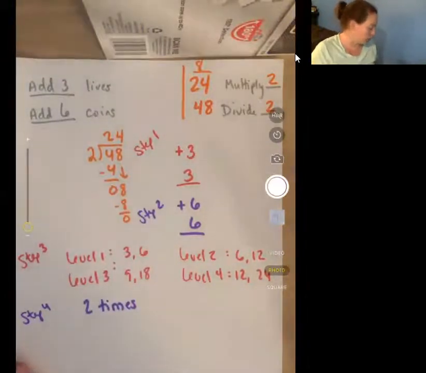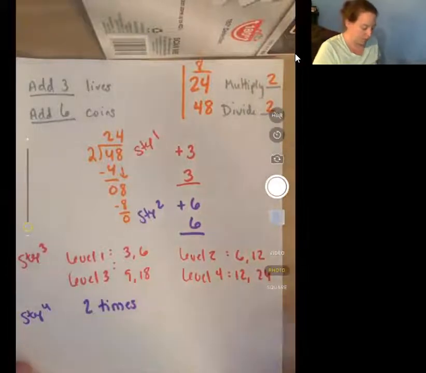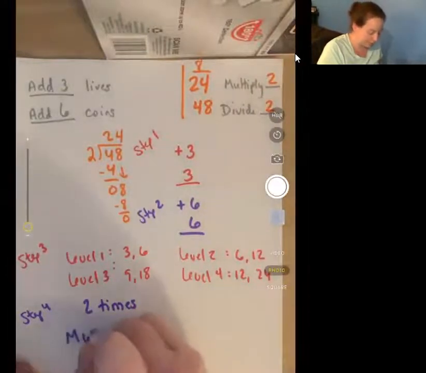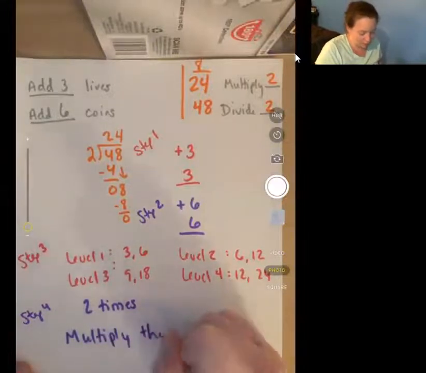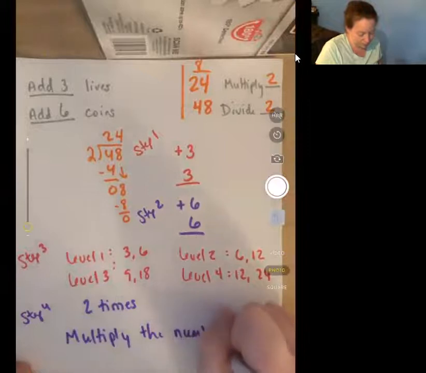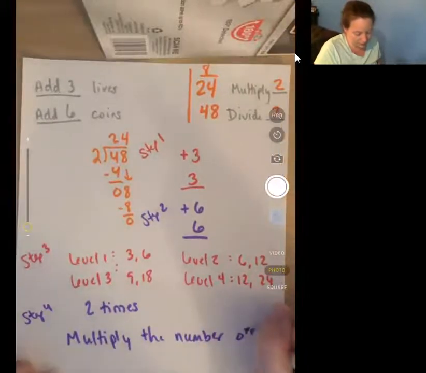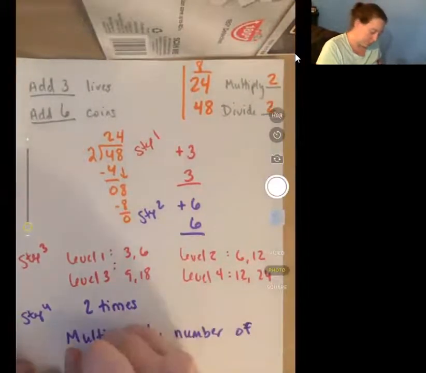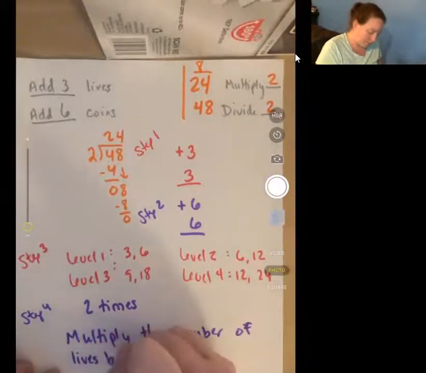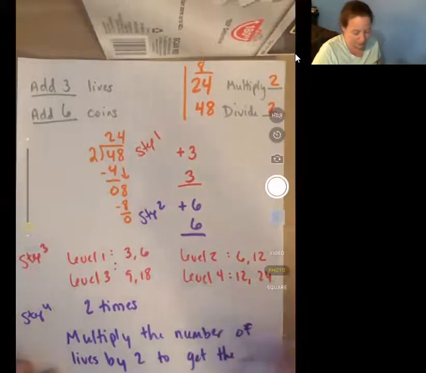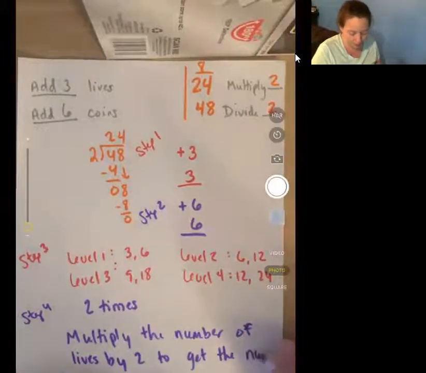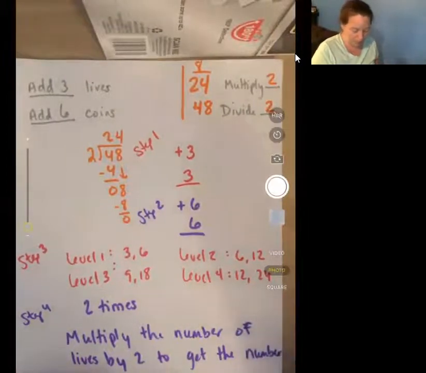So our rule is multiply the number of lives by 2 to get the number of coins.